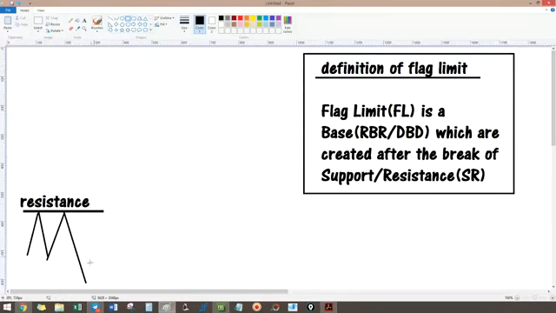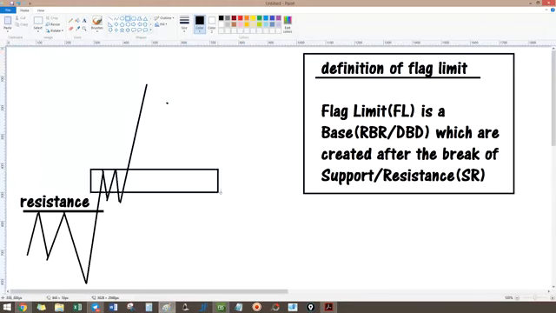So over here, you have a resistance and then it got broken, like this. After the break of resistance, usually a base will be created here. Another base, or rally base rally, and then it continues its movement up. So this base is a flat limit.